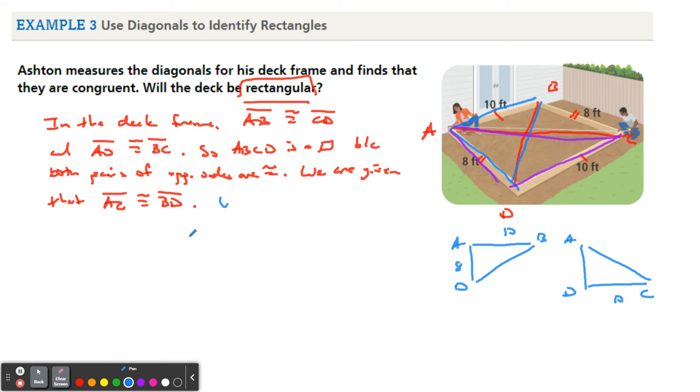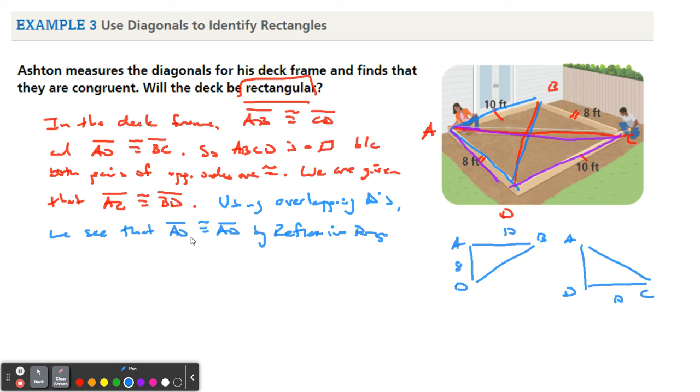So using overlapping triangles, we see that AD is congruent to itself by the reflexive property, because that side is used in both. We already said that AB is congruent to CD up here, right?